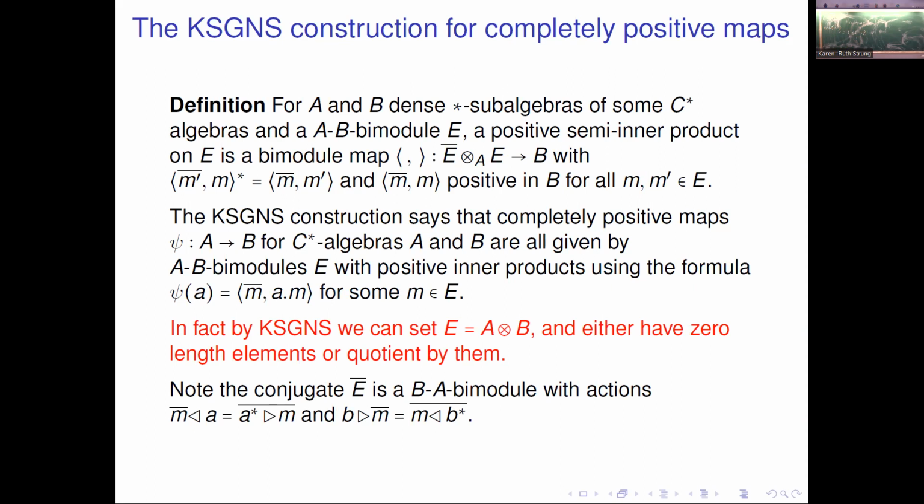Then what I have is a positive inner product and an action of A. And if I complete it suitably, then it's going to give me a Hilbert C star bimodule. And what I want to do is to convince you that this is all an awful lot easier, and I've just probably convinced you that it is.